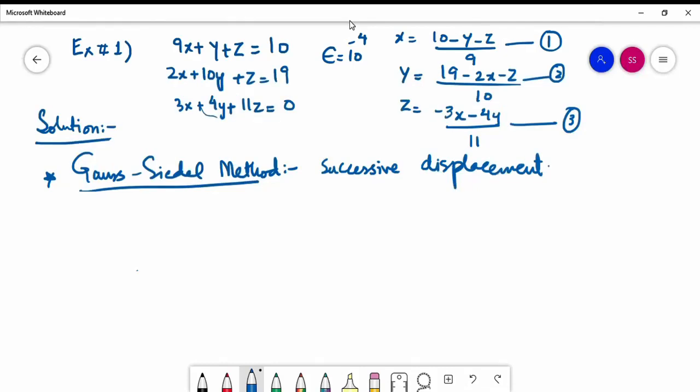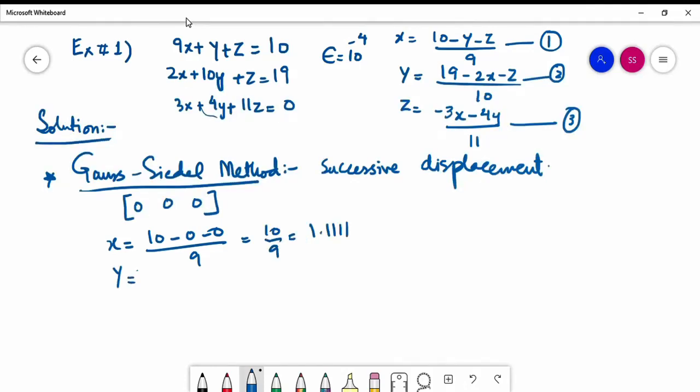So I start with the initial approximation 0, 0, 0, and x is, for example, 10 minus 0 minus 0 divided by 9, and that will be 10 by 9. And y, the first iteration, is not the same; in y you can see the difference.